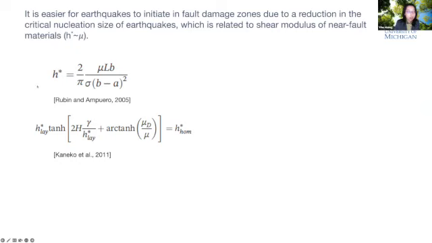You can see that h star is directly proportional to the shear modulus of the near fault materials. Kaneko et al. also did a revision of the equation based on a layered medium. So here h star layer is the theoretical nucleation size for earthquakes inside this tabular structure. And you can see that this is related to the thickness of the layer and also the rigidity contrast between the layer and the host rock.